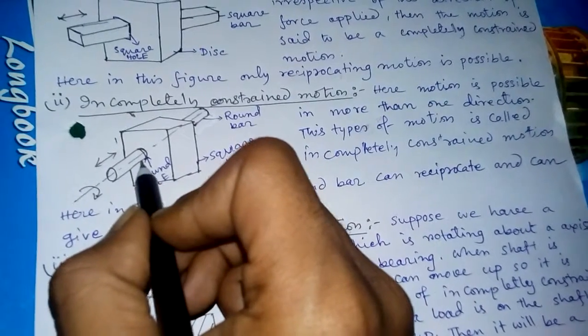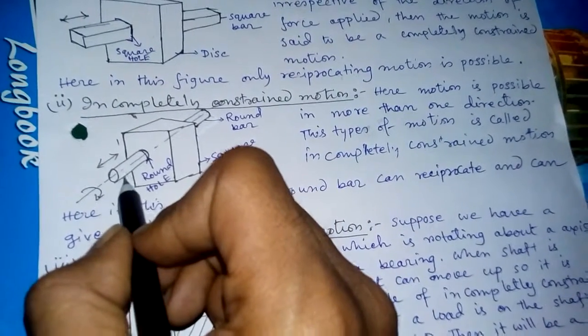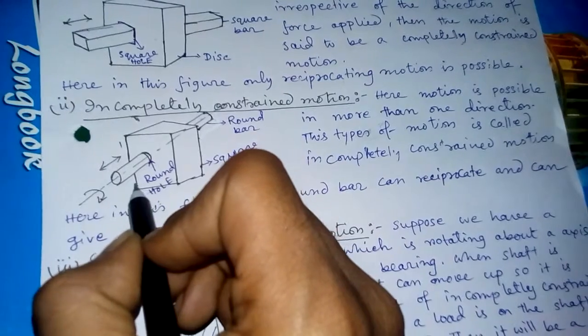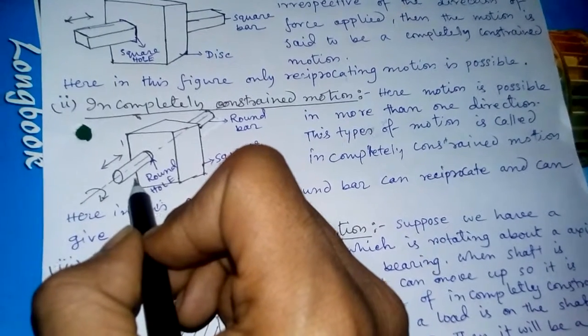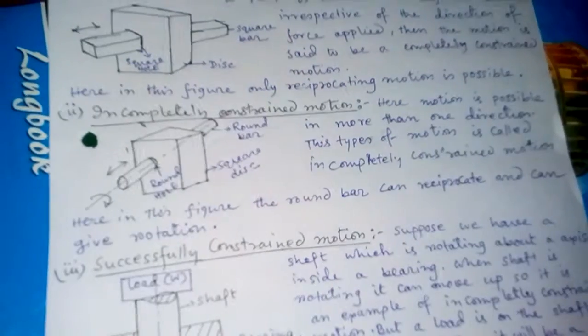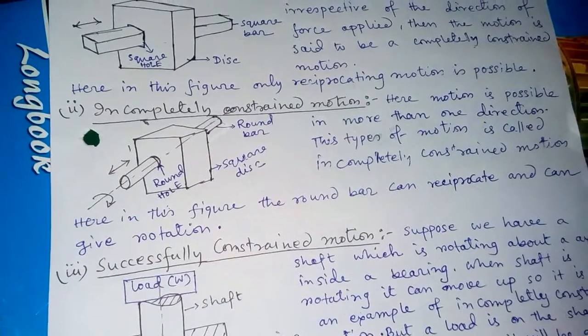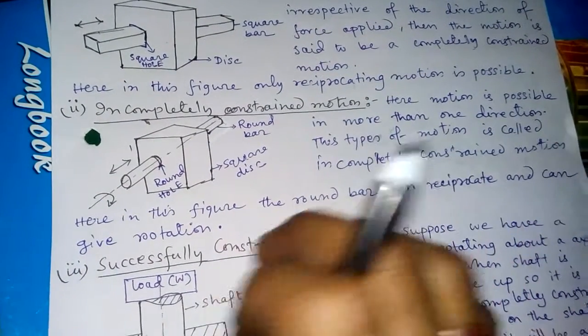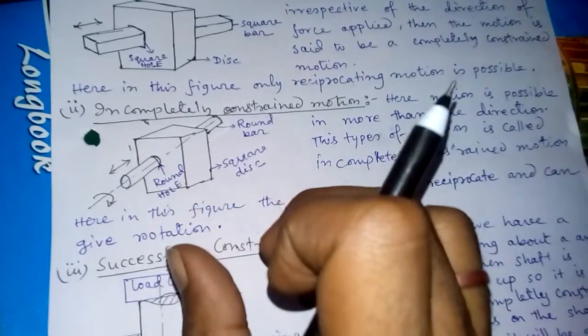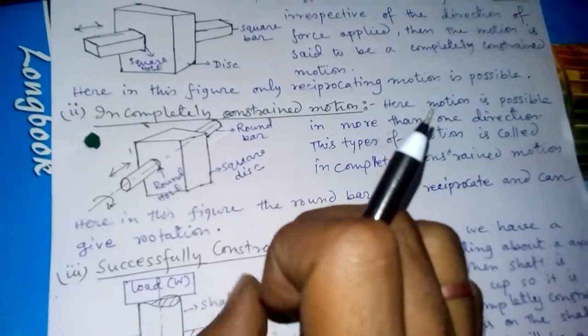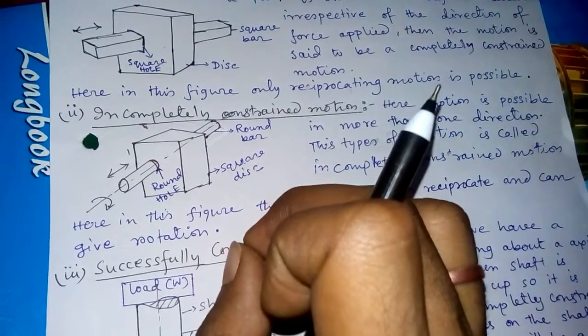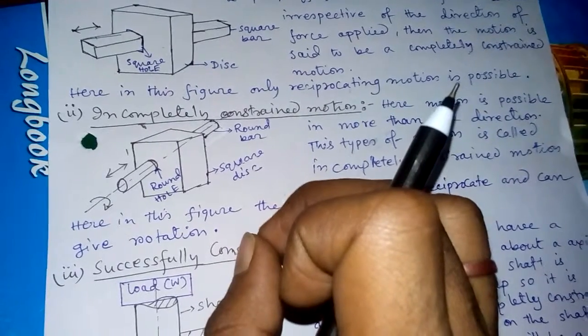It can reciprocate and also it can rotate. So we can get two types of motion. One is rotational motion and another is reciprocating motion. So this diagram is incompletely constrained motion. And such mechanisms will be incompletely constrained motion.